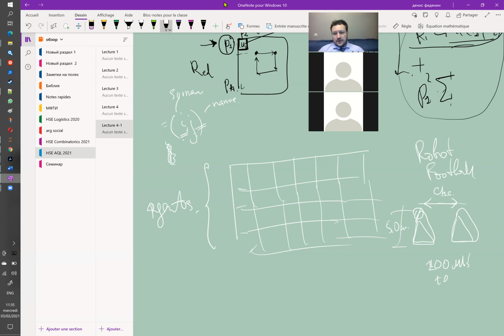So when one robot has a video input and another one has a video input, they cannot just send this video input to one another. They can get some information from this and send only part of it. So they have knowledge, but they can't share it. So it's not always about competition, but sometimes about cooperation under restrictions.